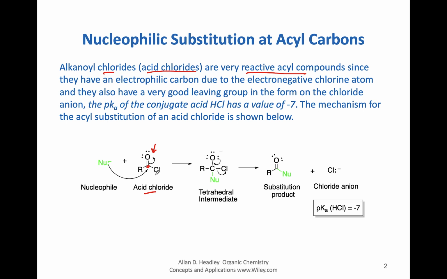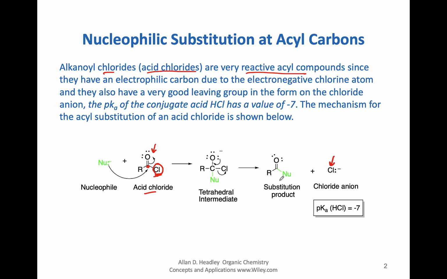In addition, it is bonded to a Cl, which is also electronegative, and equally important, this is the leaving group. So it has a very good leaving group as shown here.